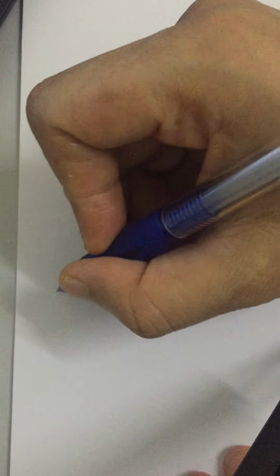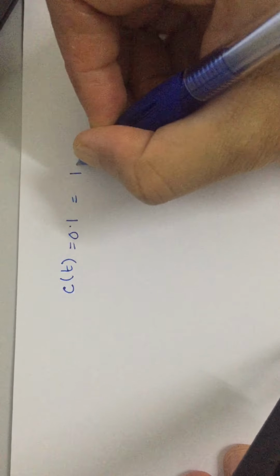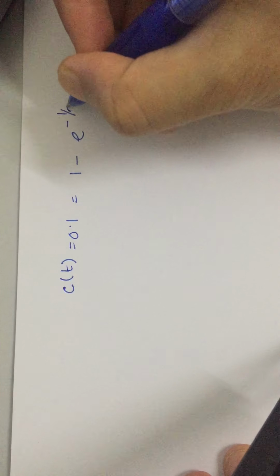So if we place C of t equal to 0.1, the equation is 1 minus e to the power of minus a t, where a is 1 over tau.